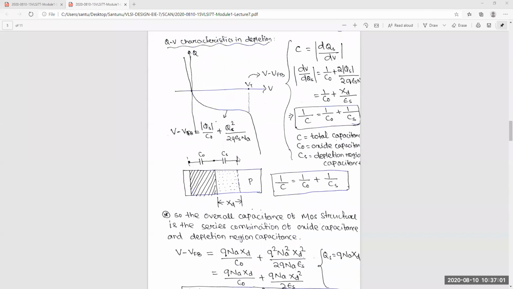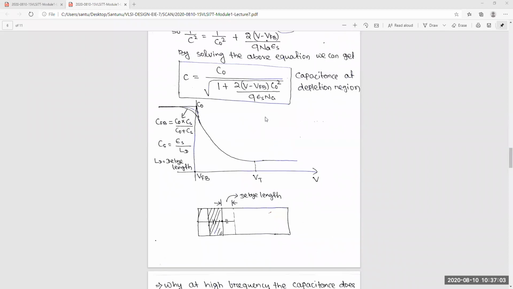So this is your capacitor curve, and this is your V. If V is equal to V flat band, this part is equal to 0 and C is equal to C0. See, at flat band, C is equal to C0. Yes or no?